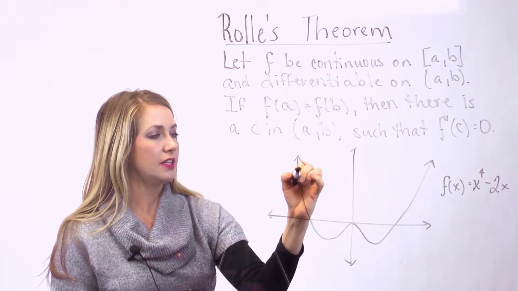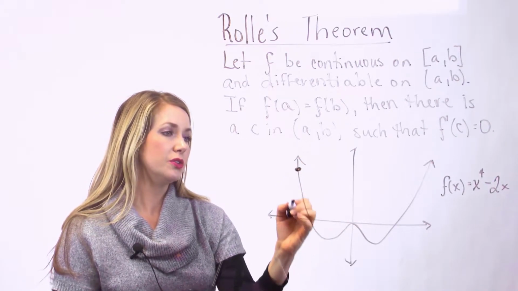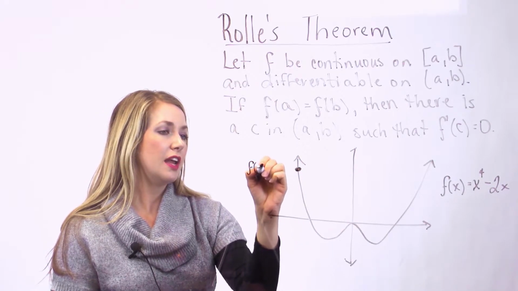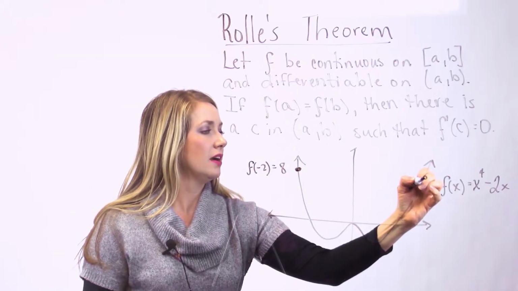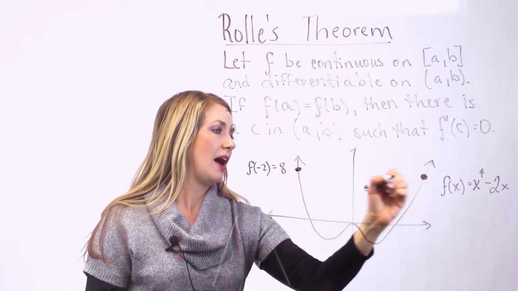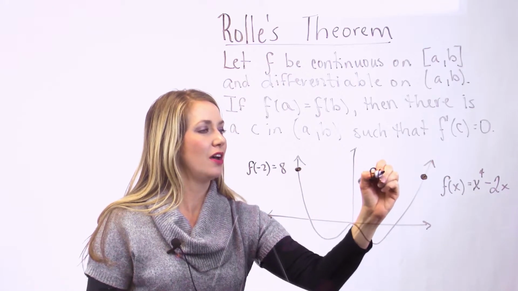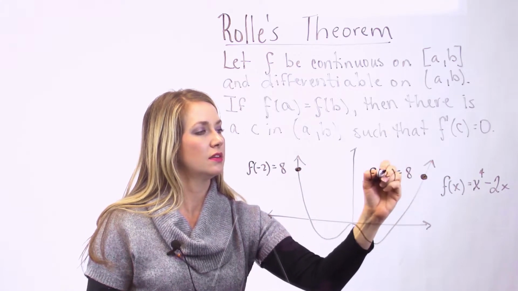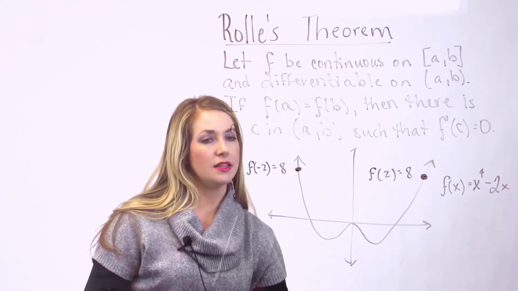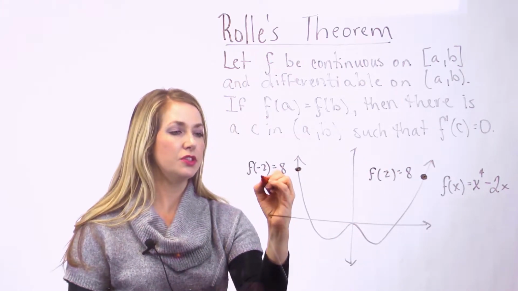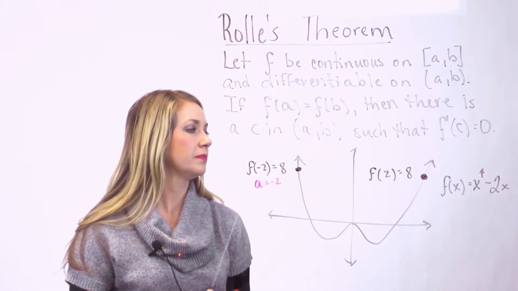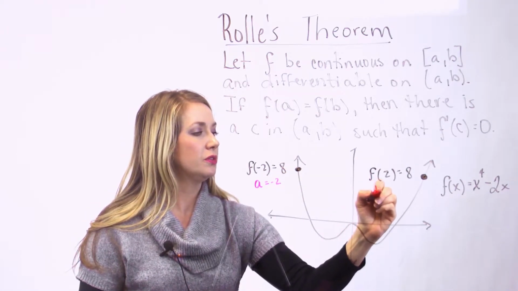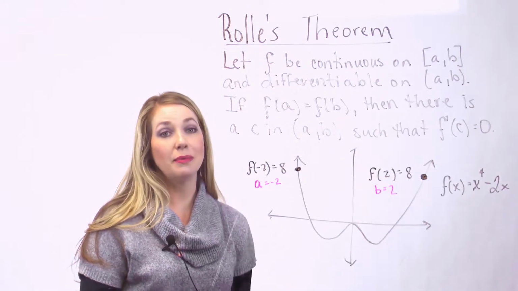So here, for instance, f of negative 2 equals 8. And here, we have f of 2 equals 8. So in this case, my negative 2 would be my a, and my 2 would be my b.